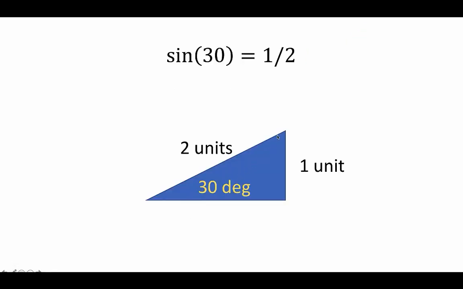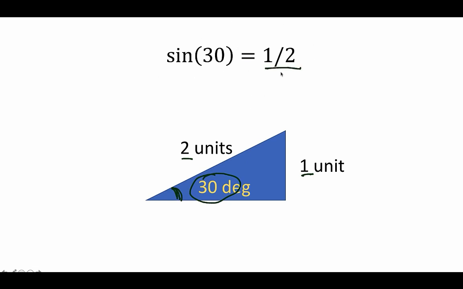For example, in this blue right triangle, if this angle is 30 degrees, and the length of this opposite side is 1 unit, and the length of the longest side is 2 units, then the sine of 30 degrees is now written this way. Sine of 30 equals 1/2.